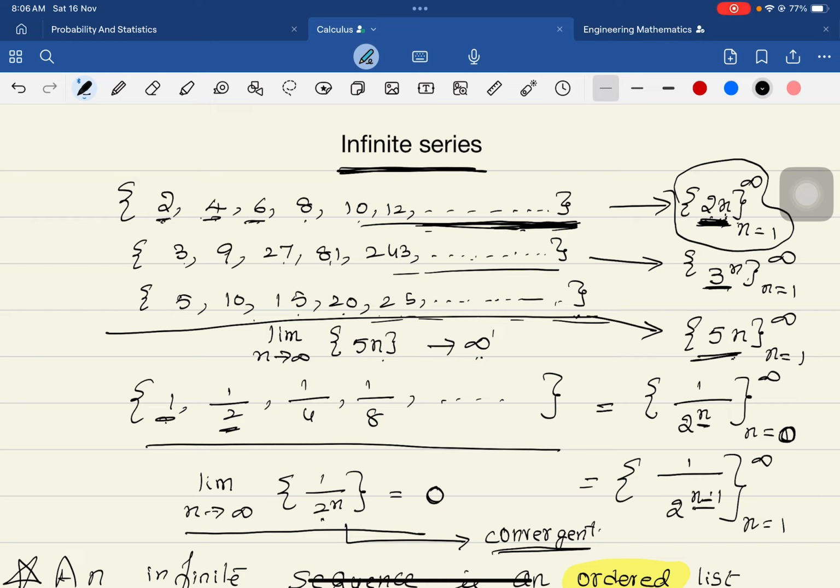No, right? When n is 100, when n is 1000, when n is 1 lakh, the numbers get bigger and bigger, and my sequence also gets bigger and bigger. So it goes to infinity. So the limit of the sequence is infinity. This sequence is a divergent sequence.